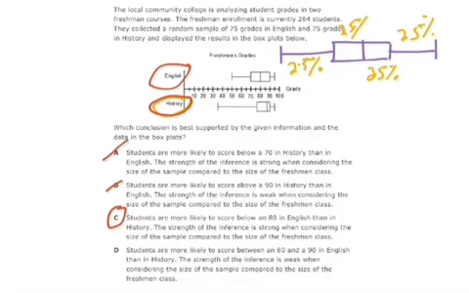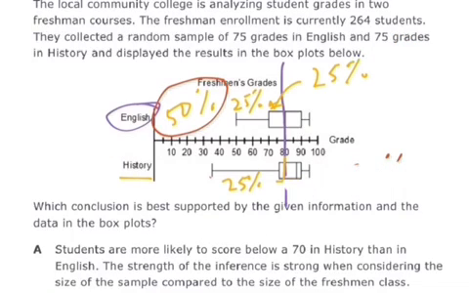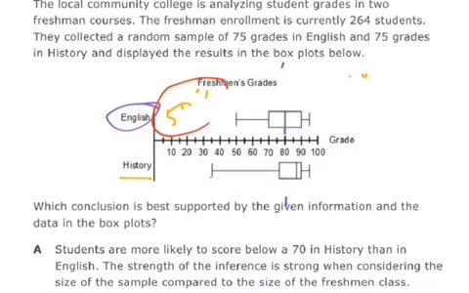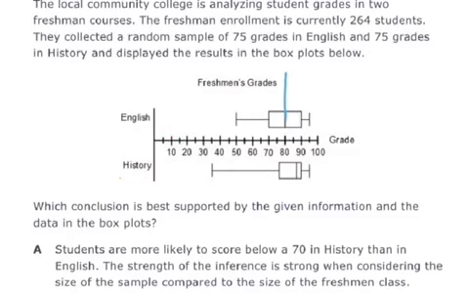D says students are more likely to score between an 80 and 90 in English than in history. If I wipe this out and look at that, so that means between an 80 and 90 is right here. 80 is there, 90 is there. And they said they're more likely to do that in English than in history.